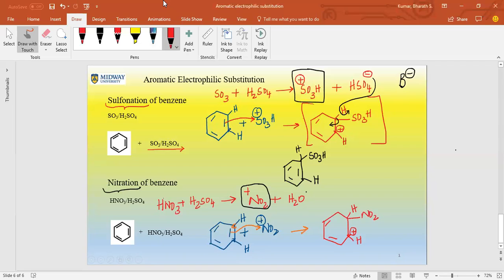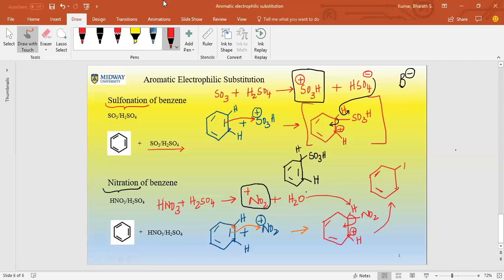Now the base, which is water, comes and grabs this hydrogen, and in the process, this bond comes back in, and then any bond coming in is equal to a negative charge. That means our product would be, you do not have to really show the hydrogens. At least the top one you can show. The bottom one is up to you.